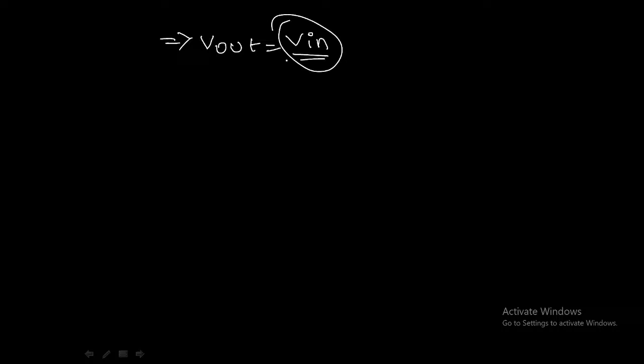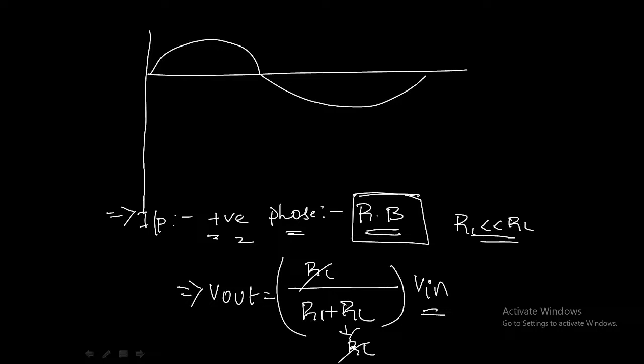Here we are applying a positive input voltage, so our output magnitude will be the same as Vin. This is how a negative clipper circuit behaves when we apply a positive input phase. Now let's see what happens if we apply the negative input phase for this particular circuit.